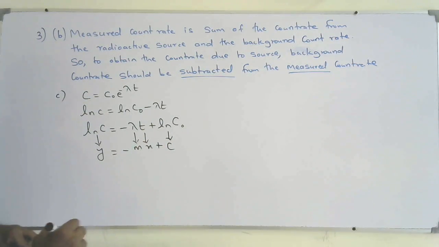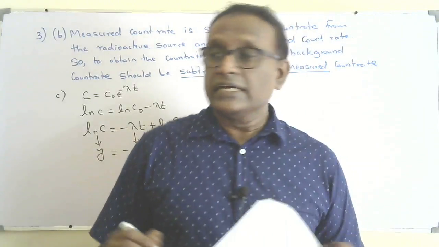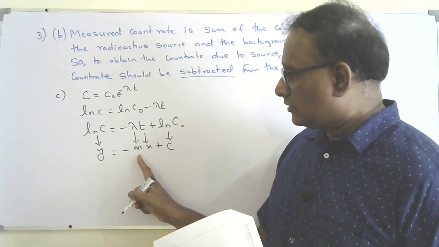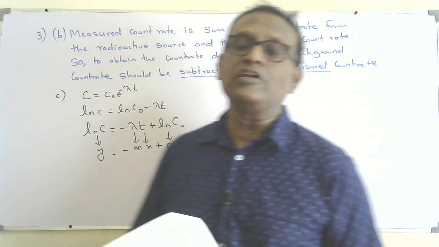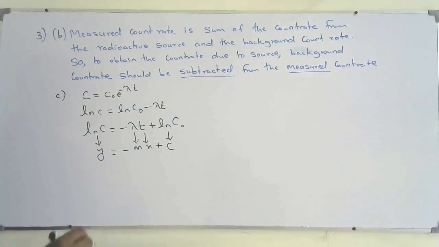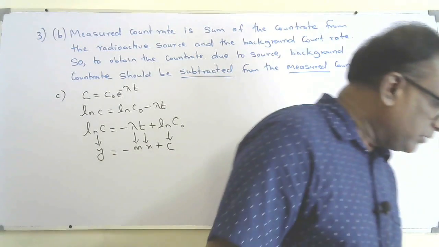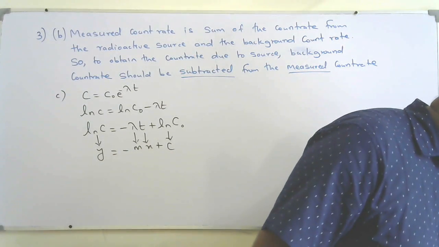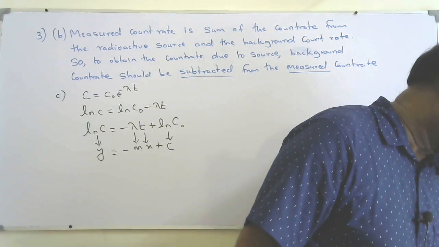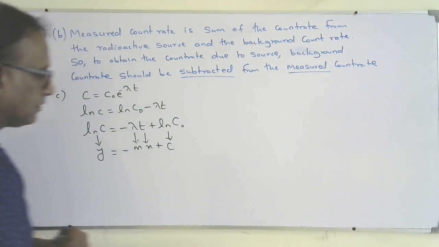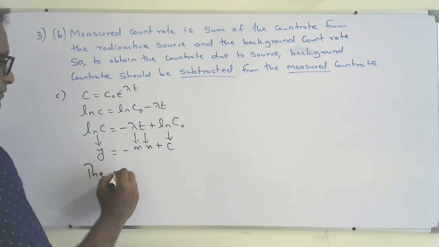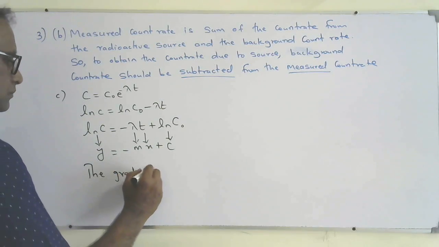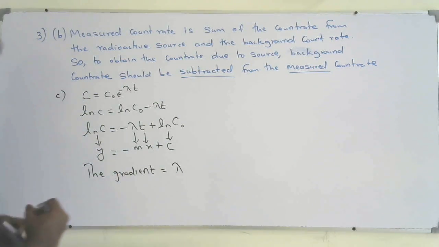So after plotting the graph, the gradient of the graph will be equal to negative lambda. So the magnitude of the gradient, or modulus of the gradient, will be equal to lambda.